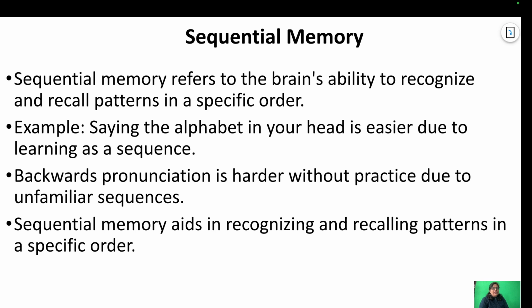Let us discuss one example: saying the English alphabet from A to Z in your head is easier due to learning it as a sequence, that is A, B, C, D up to Z. But backward pronunciation is harder without practice due to the unfamiliar sequence. So sequential memory aids in recognizing and recalling patterns in a specific order.